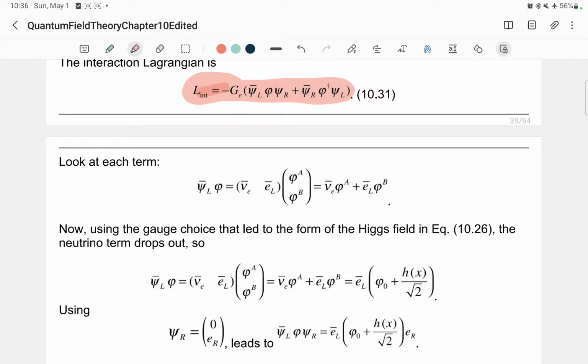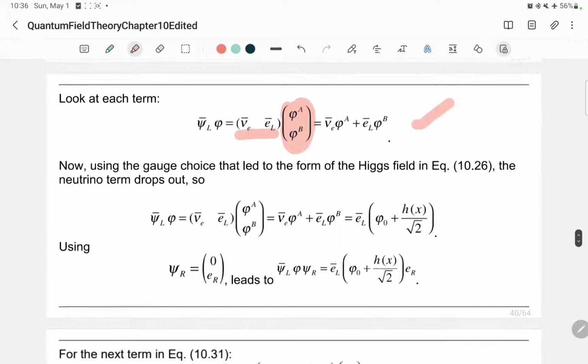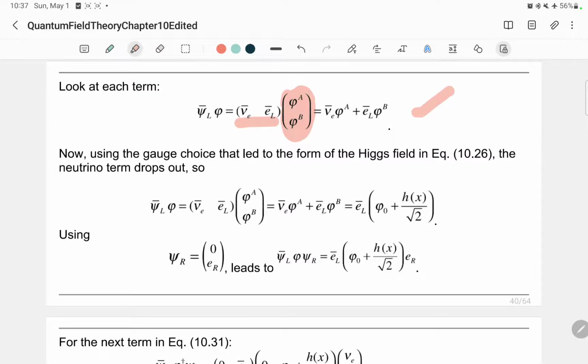So psi bar L phi, we have this one, and then your phi is this one. So your psi bar L phi would be this, but if the gauge choice that led to the form of the Higgs field in 10.26, where the upper part of the matrix is 0, the neutrino term drops out, so our psi bar L becomes this.